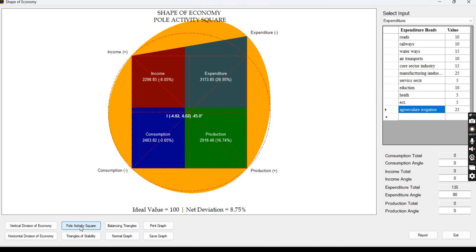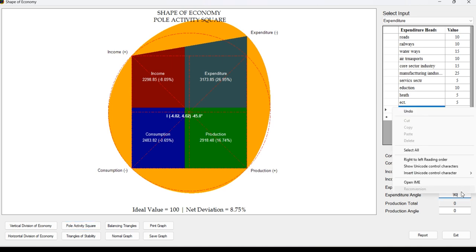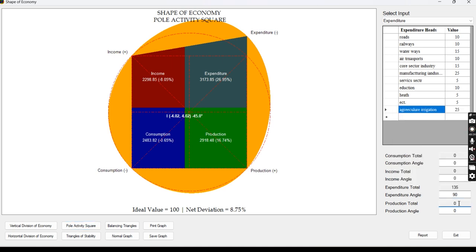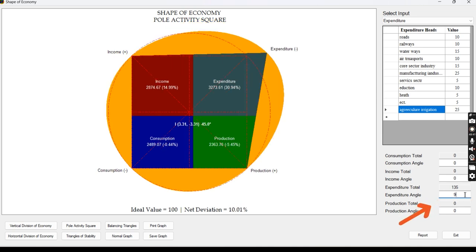Now you can compare it with the earlier input of 180 degrees, which was the default value. If you change it here once again to the default value, you will find just the opposite of it.